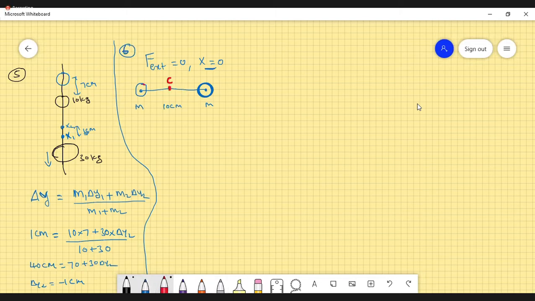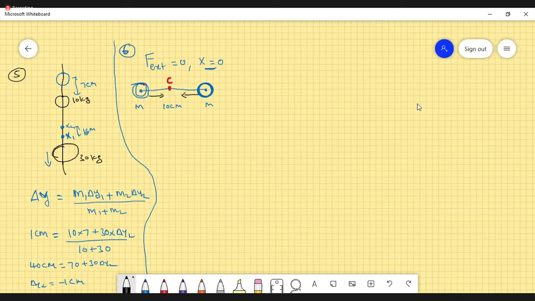Hello, able to hear my voice? Yes, sir. So exactly at 5 centimeters you will get the center of mass. Now because of gravitational attraction, this body is attracting in this direction and this body is attracting in this direction, and the gravitational force on one body due to the other is the same, no?